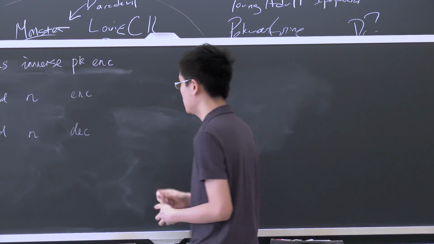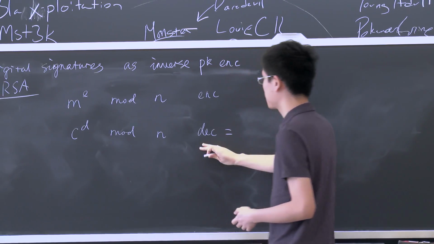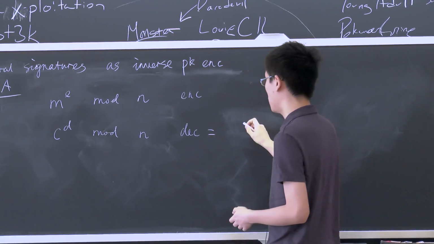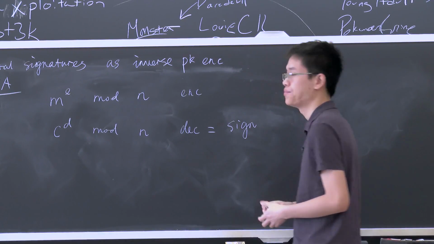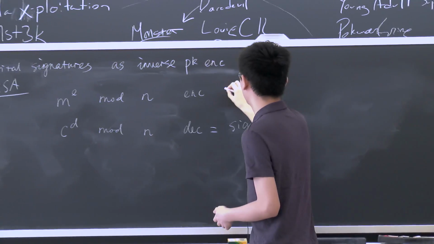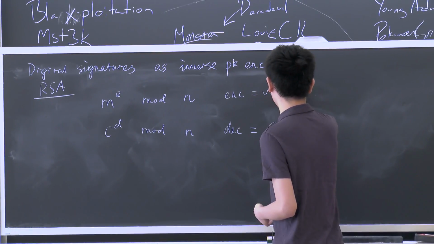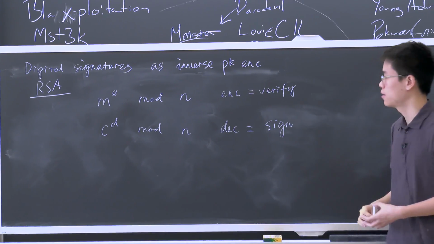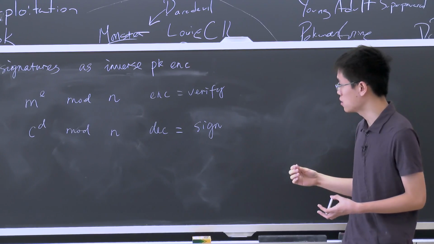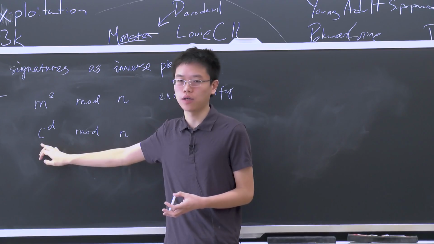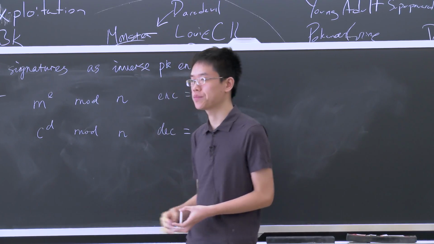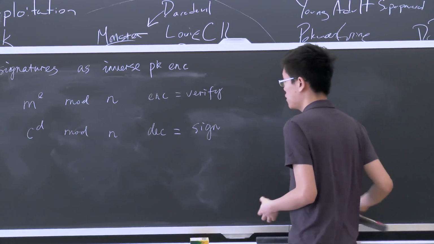So the first attempt is we will just use this as our sign function and use this as our verify function. Now this symbol is a little bit confusing. So now I'm signing a message I call C. Let me actually change it.